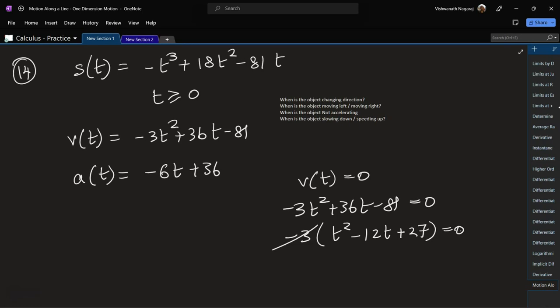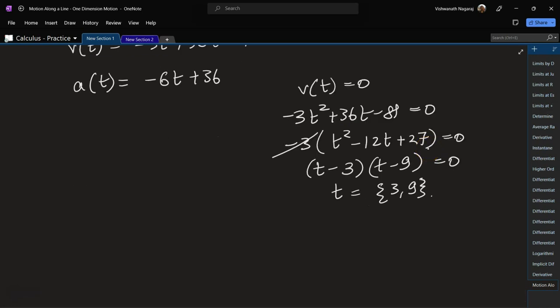So if we factorize this, we get t minus 9 times t minus 3, since 3 times 9 is 27. So 3 and 9. That means t is equal to 3 or 9. Okay. So at these 2 points, the direction changes.